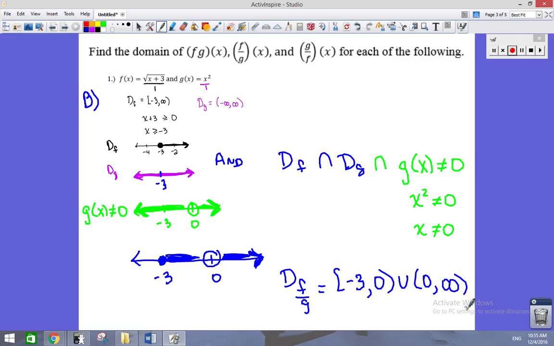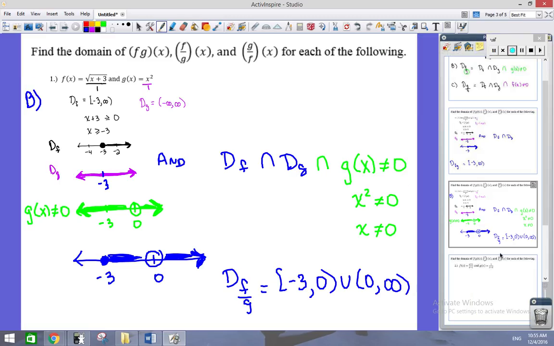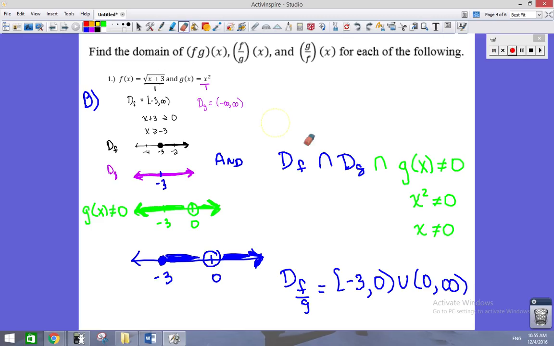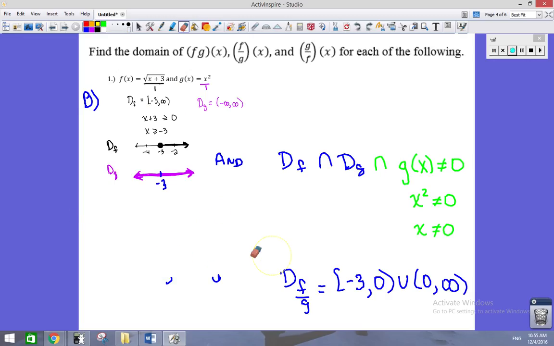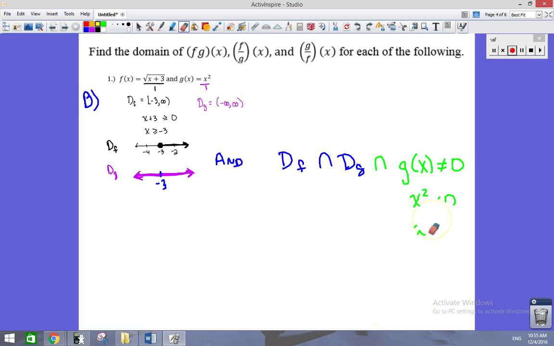All right. And now let's do this last one. So let's erase this part that was in green, and we want to now find the domain of g over f.